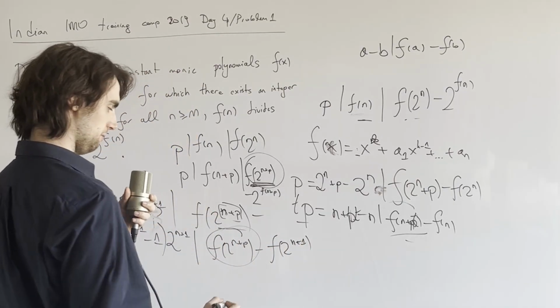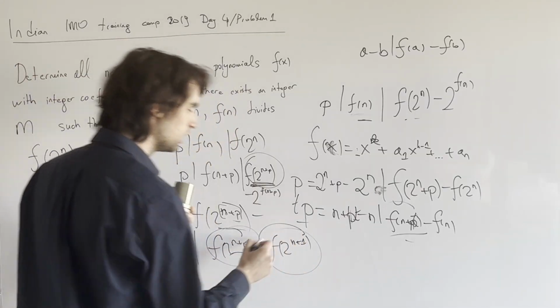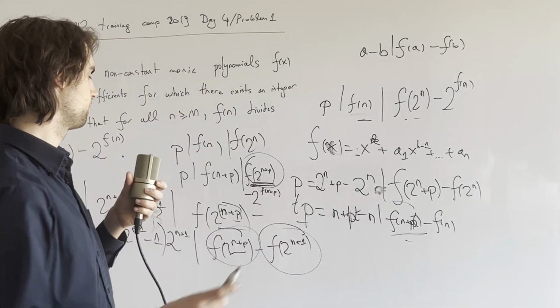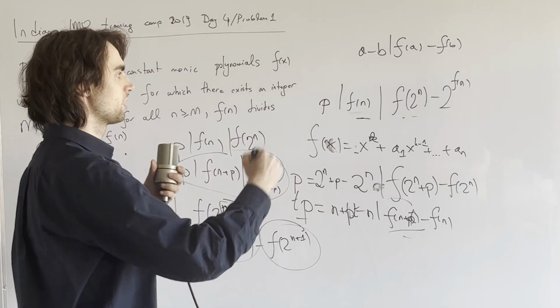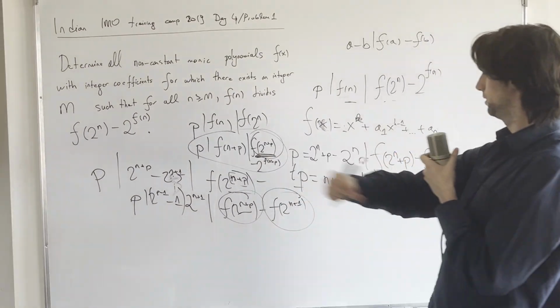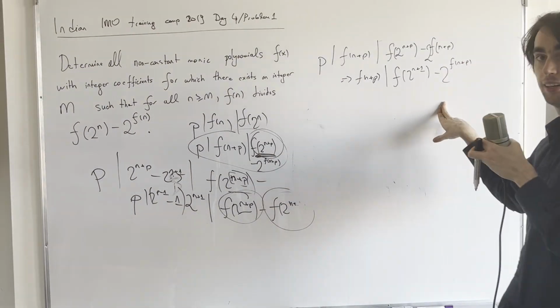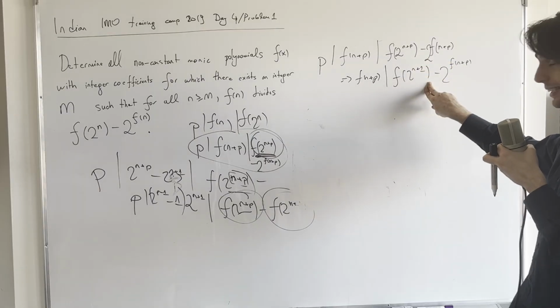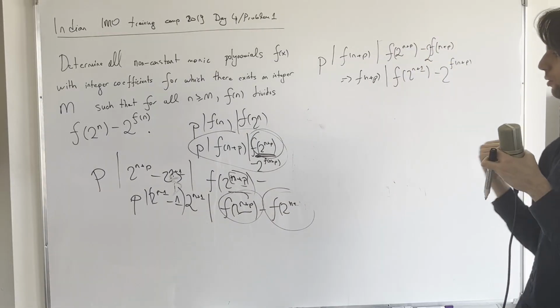So this f of 2 to the n plus p is congruent to f of 2 to the n plus 1. So from here, I actually get this thing right here, right? From this, I got to this, just by using congruency modulo p.